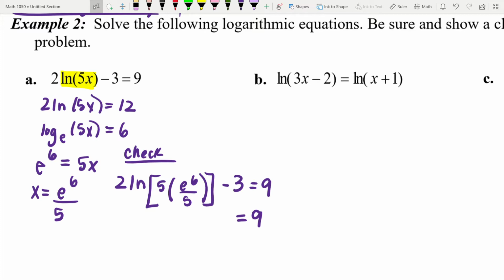Oh, I forgot to do the minus 3. Minus 3, enter. I said I got a 12 before. 12 minus 3 is 9. I'm good. I just forgot to put the minus 3. But that was a good example of what would happen if you messed up and didn't know. So I checked it. We're all good. e to the 6 over 5, done. Okay, question B.